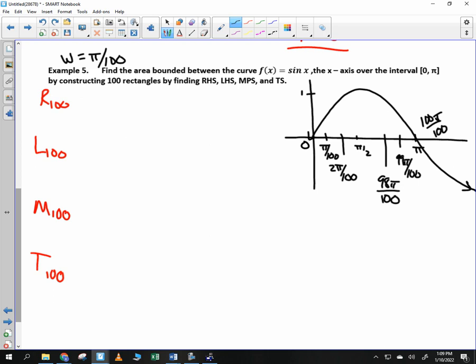It's all kind of smooshed together, but does everybody see that my first few spots are 0, pi over 100, and 2 pi over 100? Does everybody see that my last spots are 98 pi over 100, 99 pi over 100, and then 100 pi over 100? We good? Okay, once you've done that, you can now figure everything else via your graphing technology.